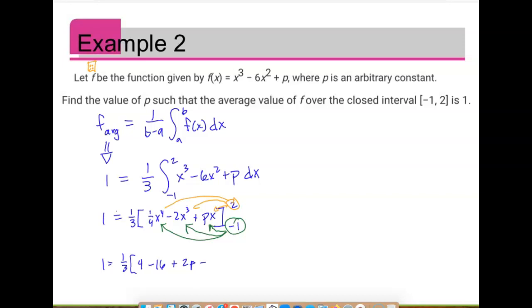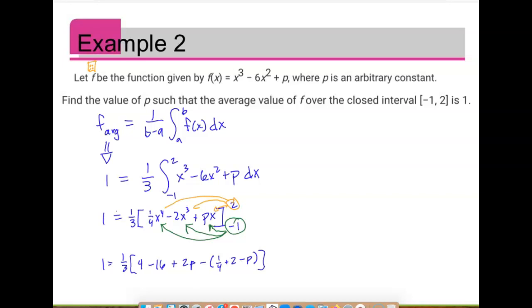Now I'm going to plug in the lower limit, minus, I'm going to put this in parentheses. Plug in -1, I get just 1/4, right? And then this is going to be plus 2, because -1 cubed is -1, times -2. And then minus p. I guess this isn't too bad to solve by hand.